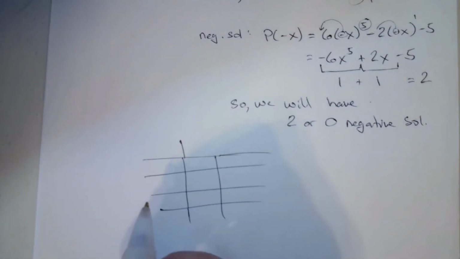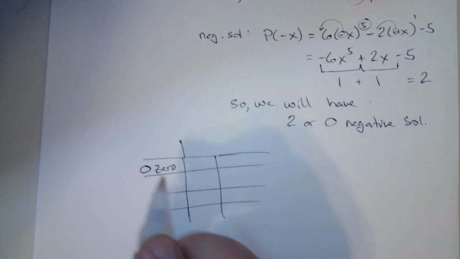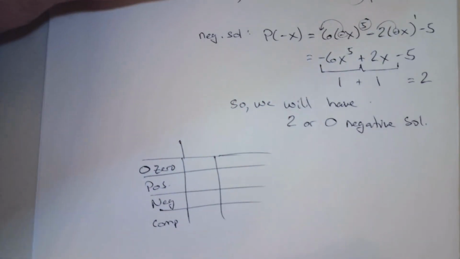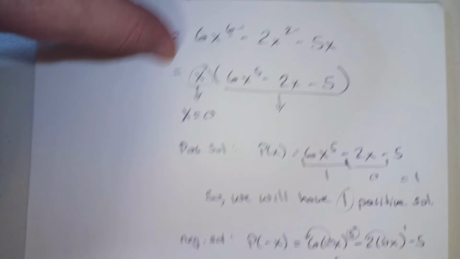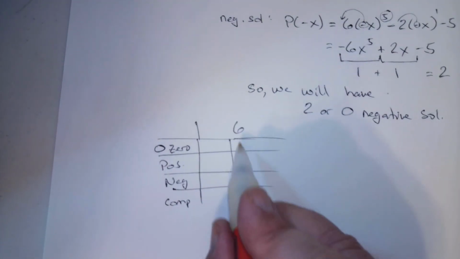We use our table. Remember, we have 0 as a zero. We have positives, negatives, and complex, or non-real. Since the power is 6, each of these columns has to equal 6.